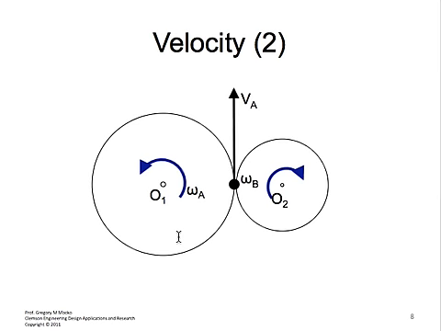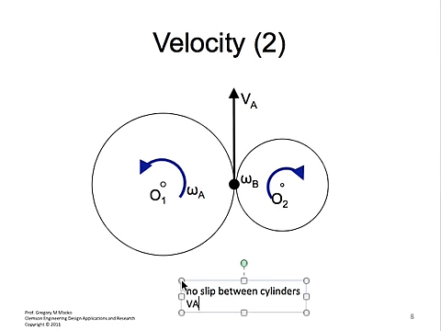Now when we bring these two cylinders together and we assume a no-slip condition, which is something good to assume when we look at teeth meshing, then VA is equal to VB. In other words, the pitch line velocity at point A and B is the same.